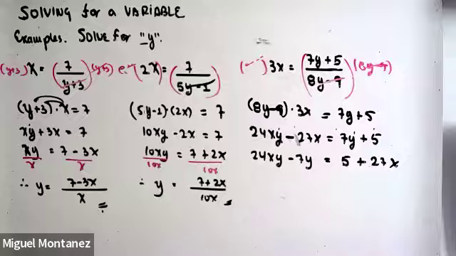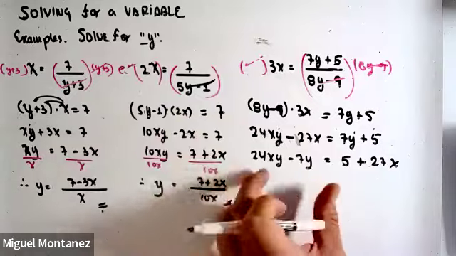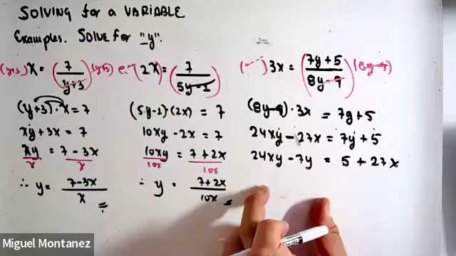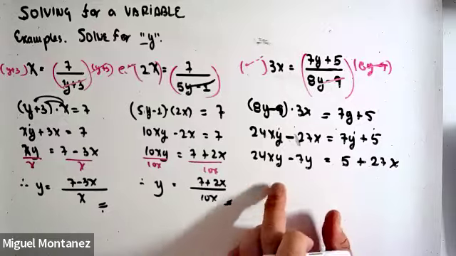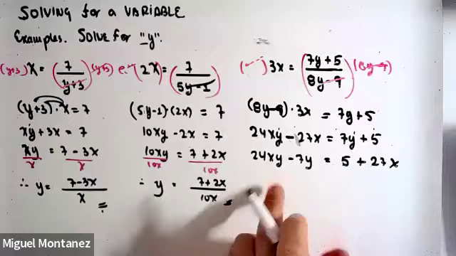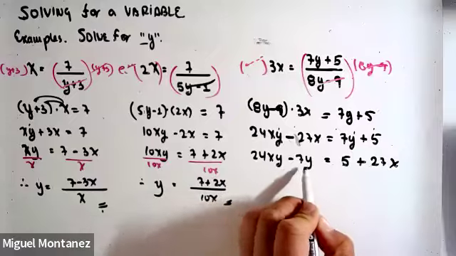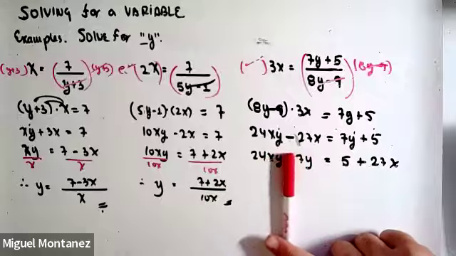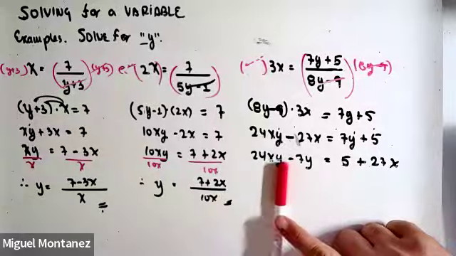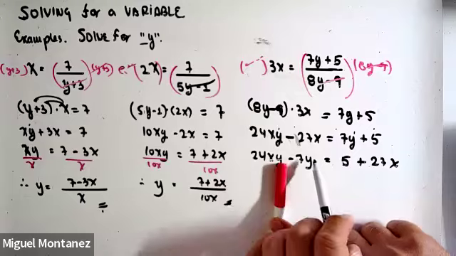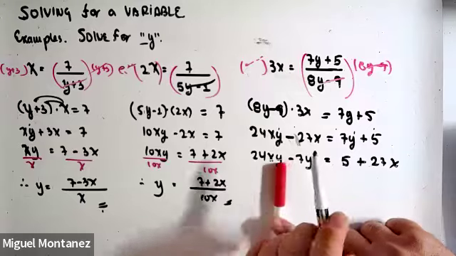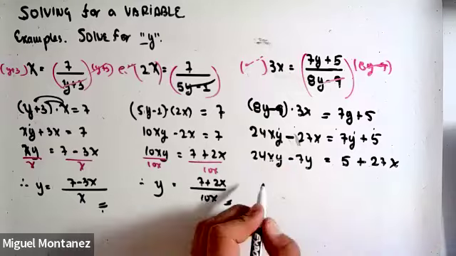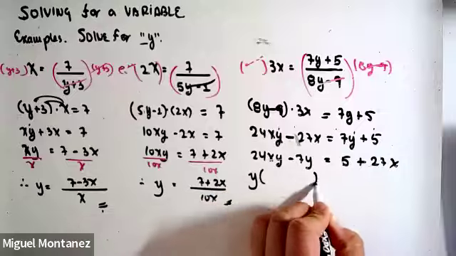And why do we want all the terms that contain y on one side of the equation? Because now we can factor the variable. Notice that it has 24x times y, 7 times y, so I can factor out the y. So I end up with y times 24x minus 7.